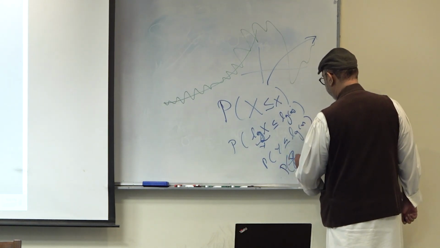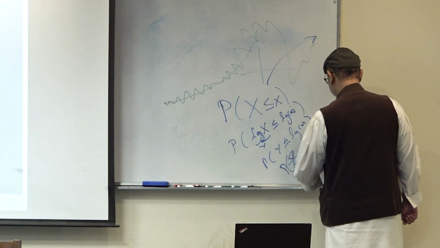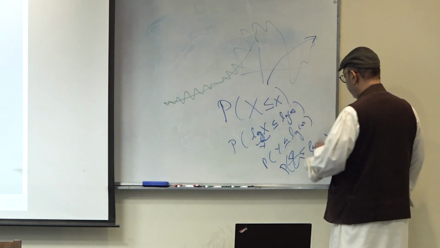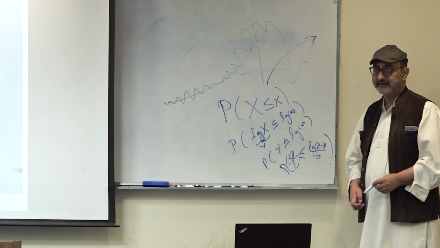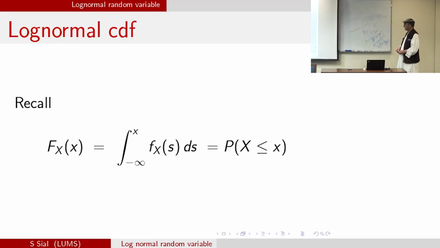So let's call it z, less than or equal to log of x minus mu over sigma. And this I can look up in a table or online. Yeah, I can use the Z table now.